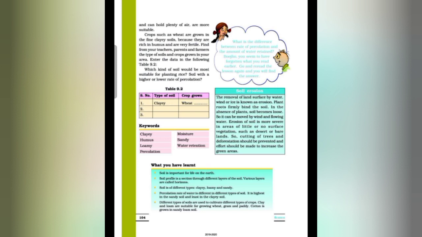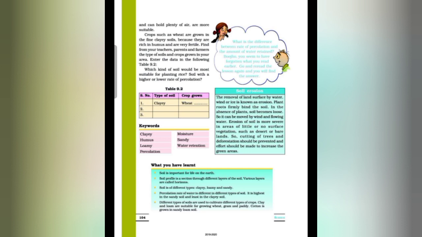So what is soil erosion? The process of removal of topsoil from the land by strong winds or by flowing water is called soil erosion, and this process makes the land barren, that is unfit for cultivation of crops.